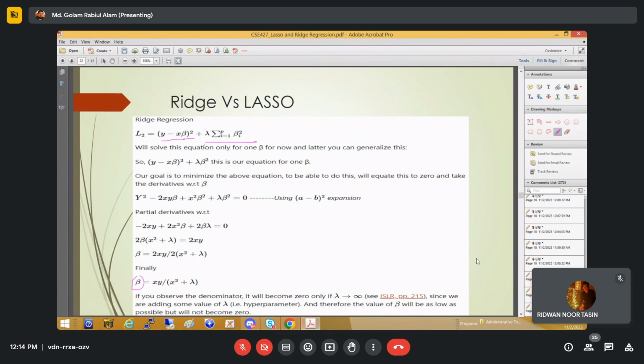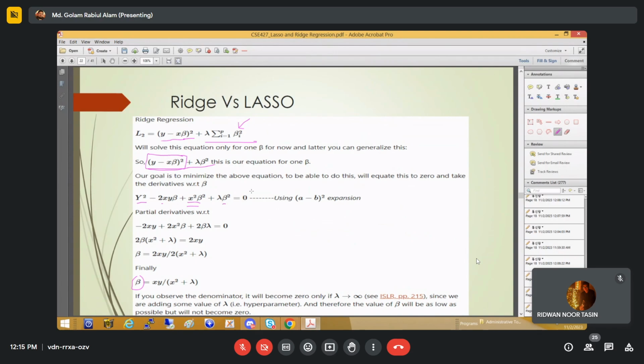This is our equation, and if we consider just only one beta, for simplification, then y minus x beta, squared. So y square minus 2 y x beta plus x square beta square, and here is the lambda beta square, set equal to 0.